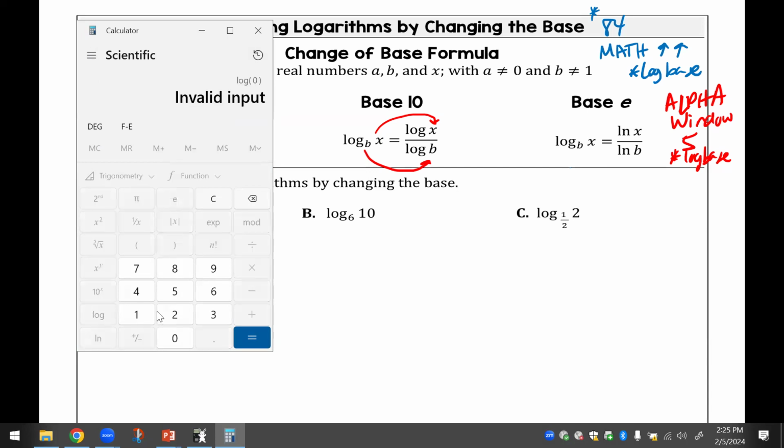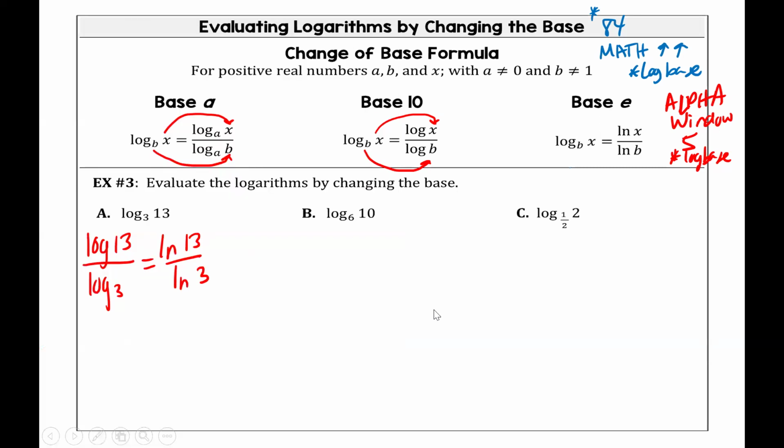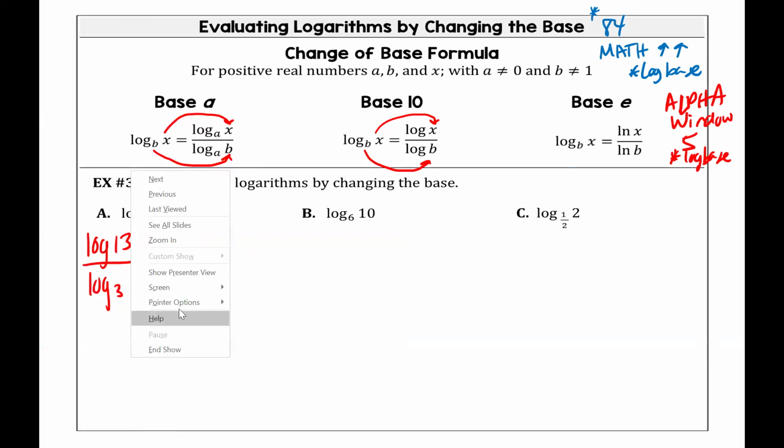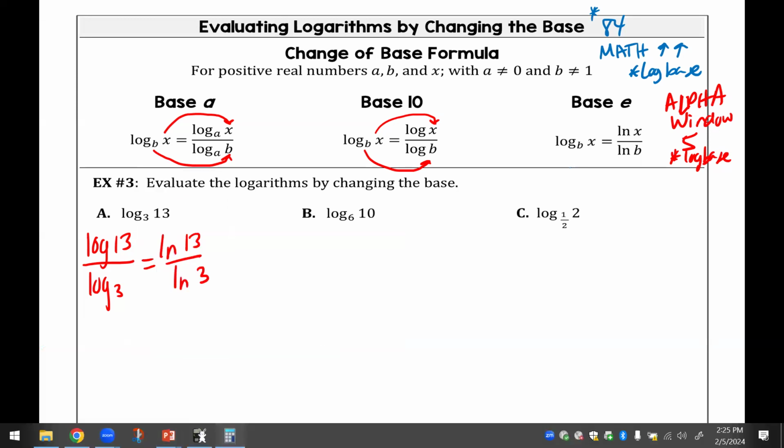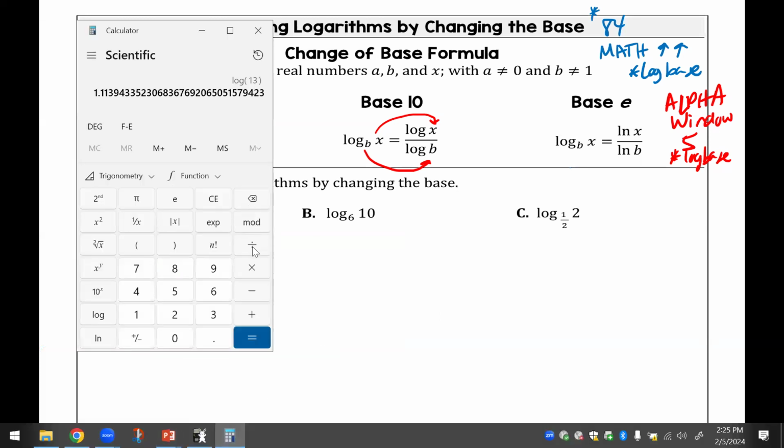So we have the log of 13 divided by, what did my calculator do? It didn't want me to be great in that moment. Let's try that again. Divided by log of 3. Hit enter, and it'll give me my answer: 2.3347.